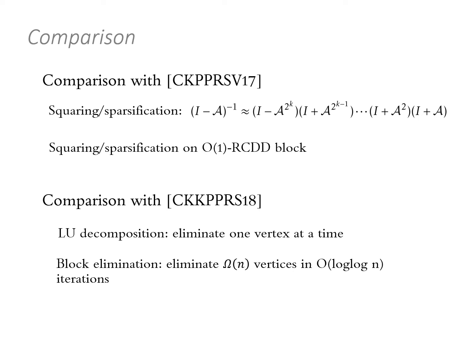Compared with the near linear time solver based on LU decomposition, they use Gaussian elimination and eliminate one vertex at a time, while sparsified block elimination eliminates a large subset in only about double log n iterations. Intuitively, sparsified block elimination can have simpler analysis and faster running time.